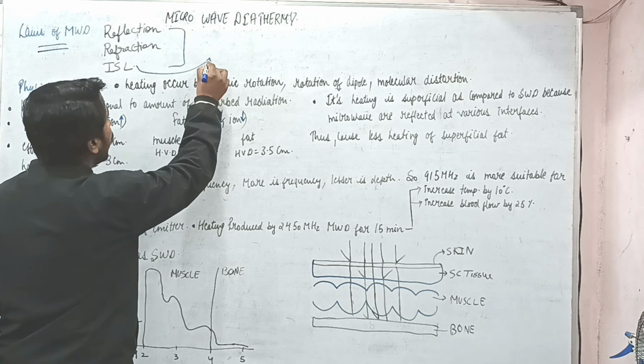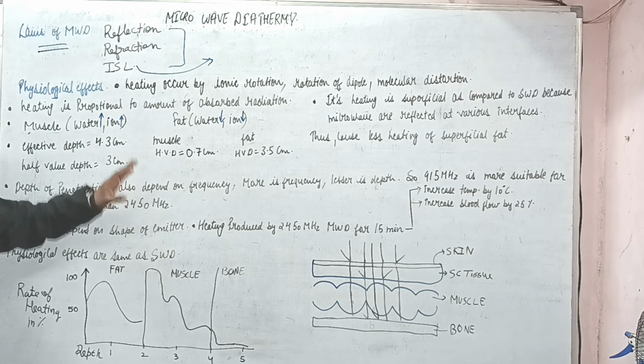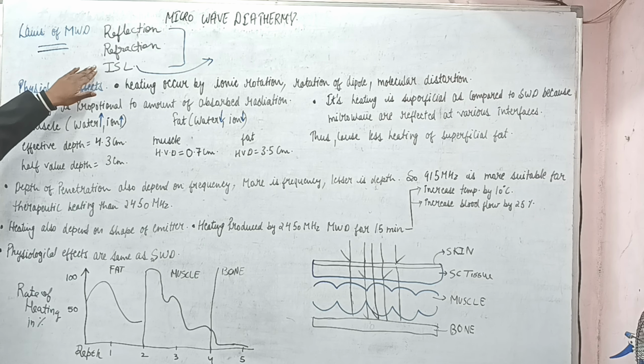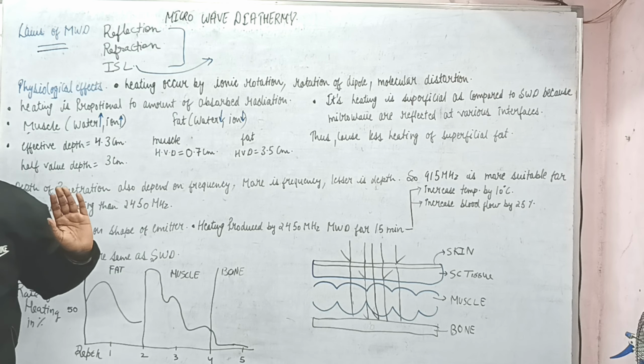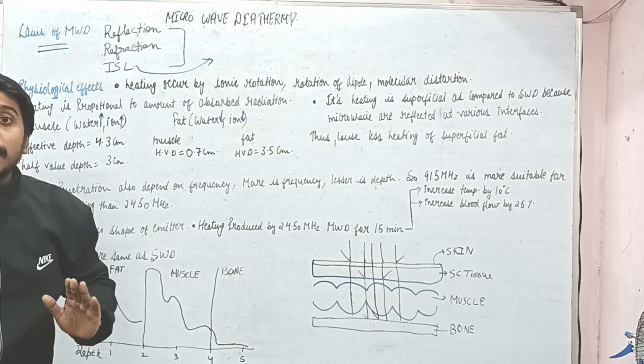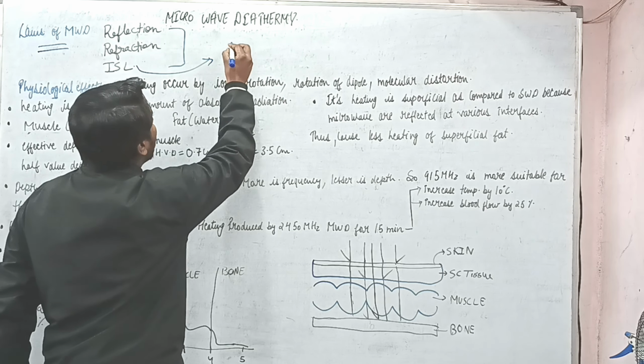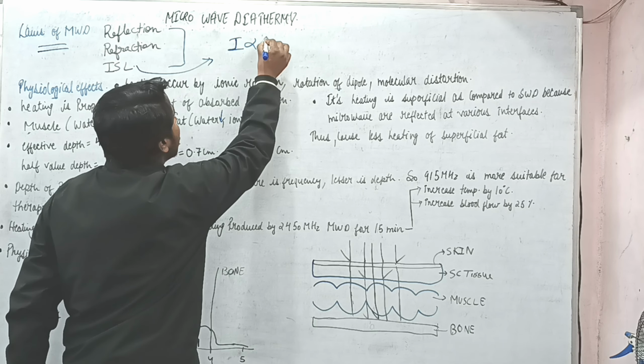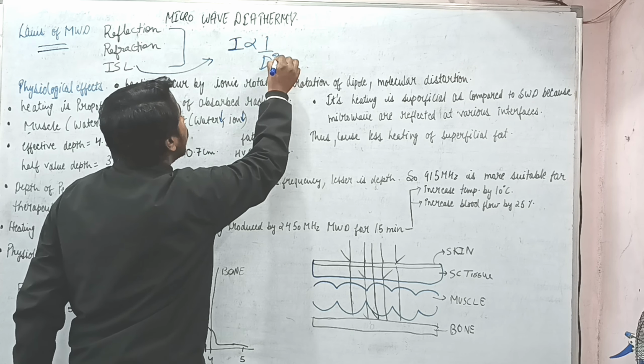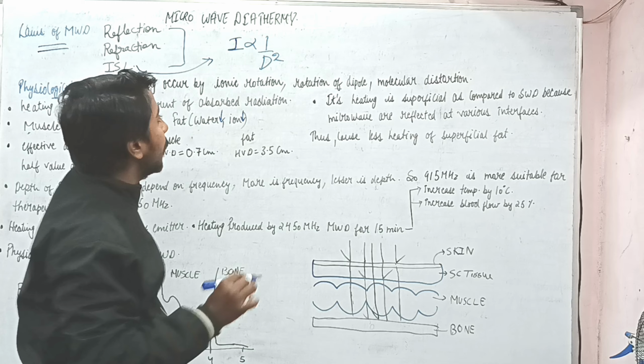I will just tell you the inverse square law once again, but you must know reflection and refraction along with the inverse square law as we have discussed in the basics of electrotherapy part. Inverse square law means intensity is inversely proportional to the square of distance.